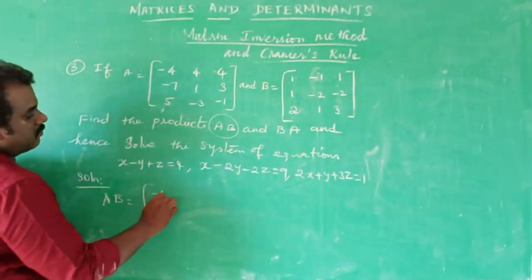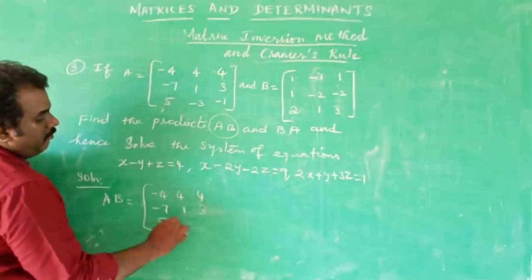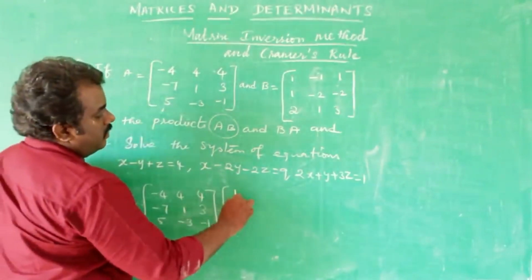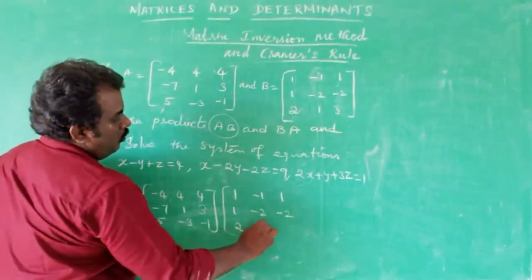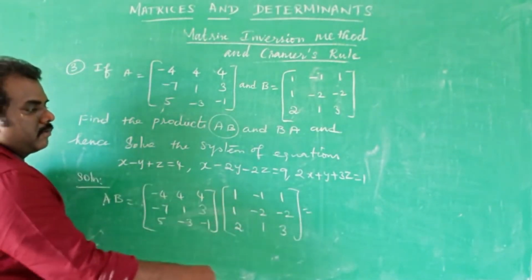What is our A matrix? That is minus 4, 4, 4; minus 7, 1, 3; 5, minus 3, minus 1. The A matrix is multiplied with 1, minus 1, 1; 1, minus 2, minus 2; 2, 1, 3, by the usual row by column method.